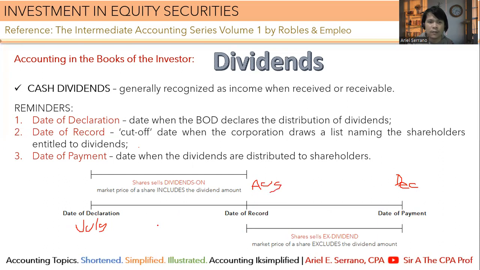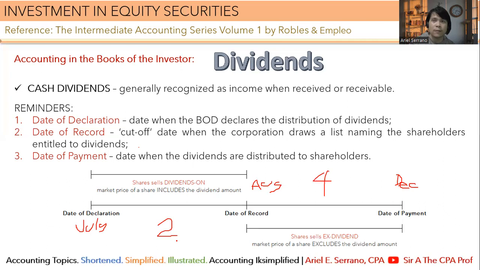Meron ako ditong 2 months, tapos July, August, September, October, November, December, 4 months. So, kung sakali man may mga investors na bumili ng shares kasi publicly listed entity, in between July and August, ang market price ng shares na nabili po nila ay may kasamang dividend. So, the share sells dividends po.